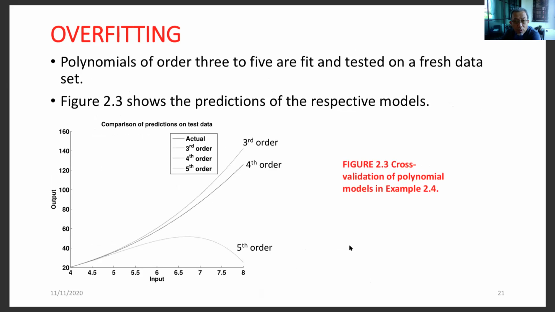So we fit it with the third-order, fourth-order, and fifth-order exponent. You can see that the third order fits the data very well compared to the fourth order and the fifth order, by using another function, which is a cross validation of polynomial models.